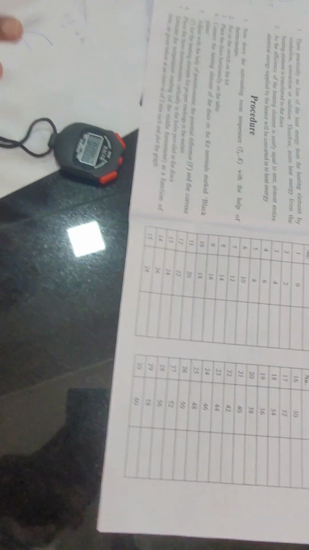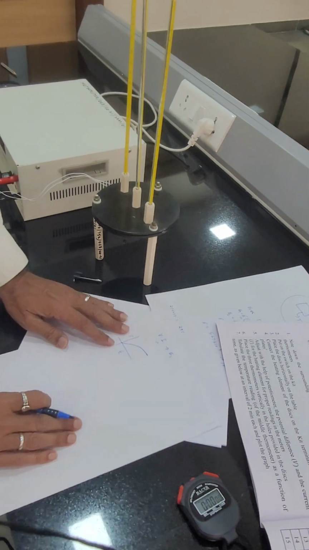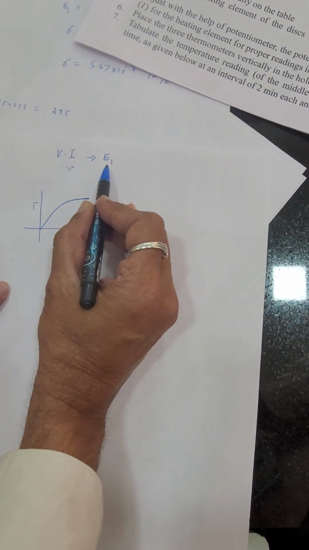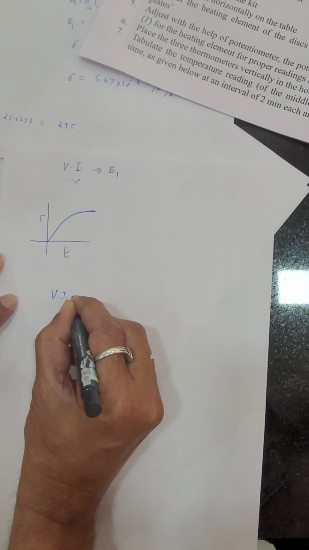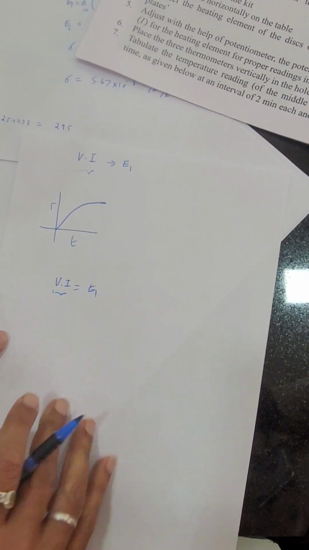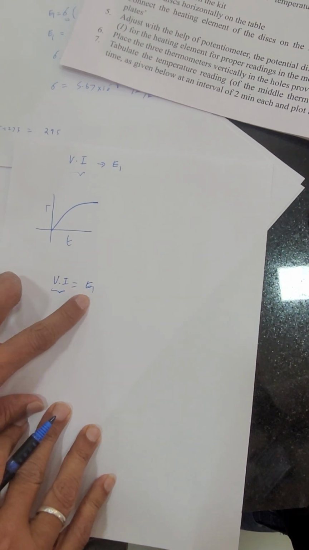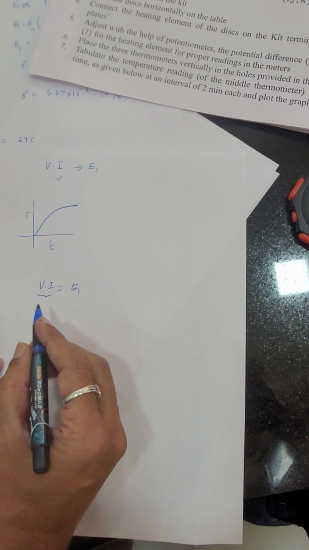Now if all these values are noted, then the Stefan's constant can be easily calculated. Let me explain how we are going to use the equilibrium condition for calculating Stefan's constant. So we have V into I is equal to E1 because there is equilibrium. V into I is the rate at which electrical energy is supplied, and E1 is the rate at which the heat energy is emitted.